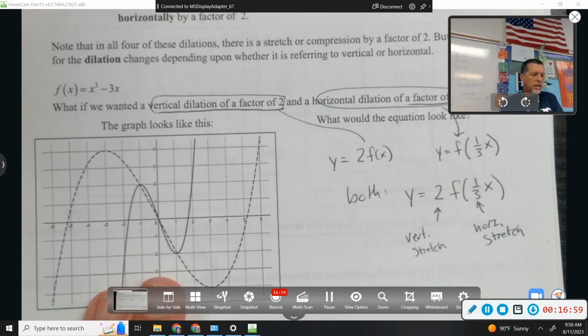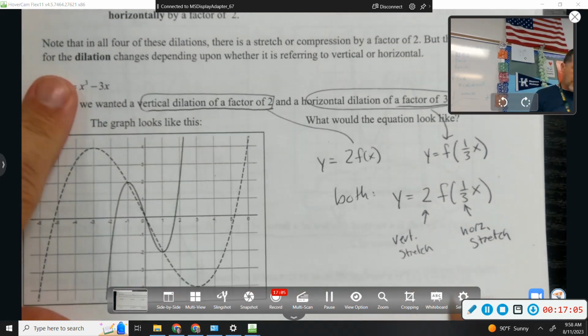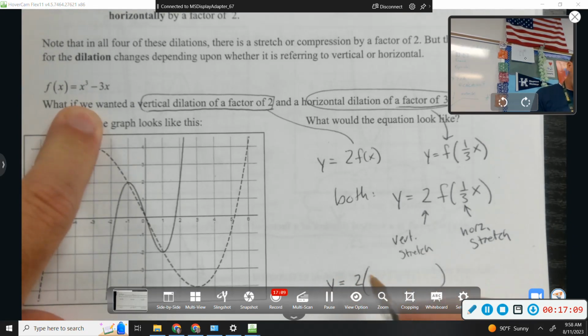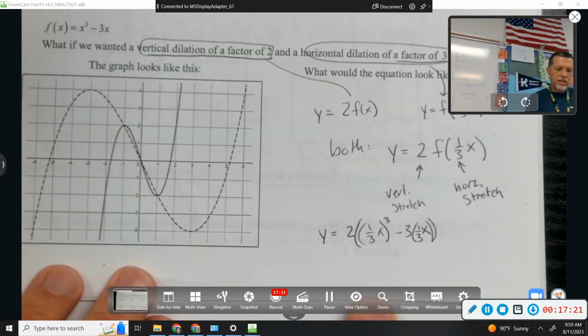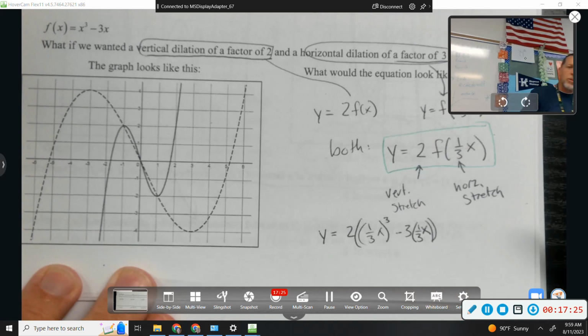And then depending on what they wanted, f of x was x cubed minus 3x. So 2 times, now instead of x cubed, we're going to do 1/3 x cubed minus 3 times 1/3 x. So this isn't wrong, and it kind of depends on what kind of answer they want.